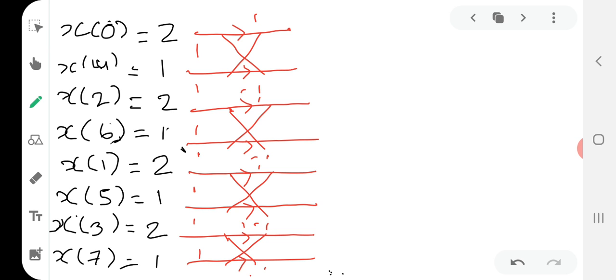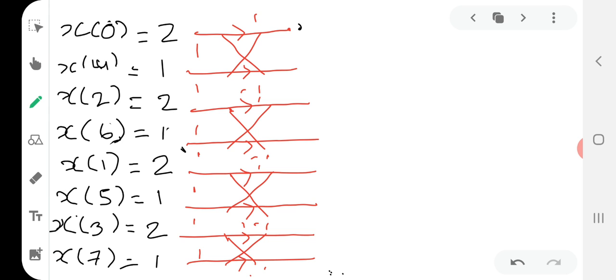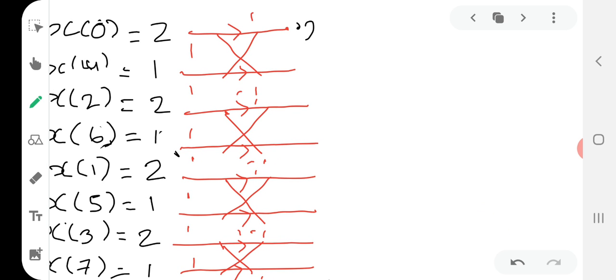Okay, now tell me at this point what is the value. Here at this point the value will be 2 into 1, that is we can write it as 2, plus here in this direction 1 into 1, that will be equal to 1, the answer will be 3.